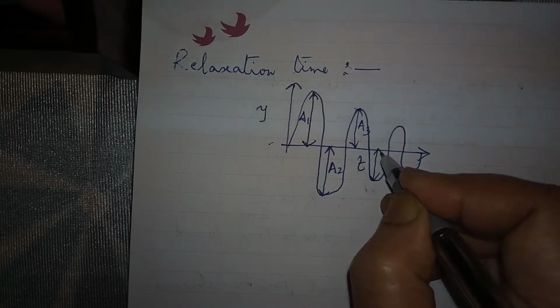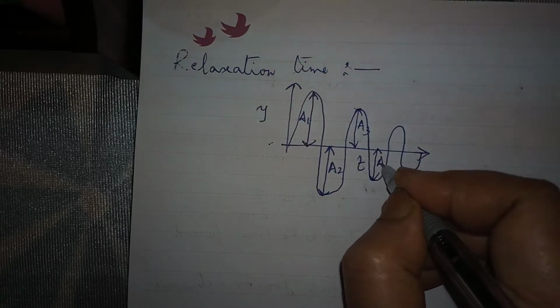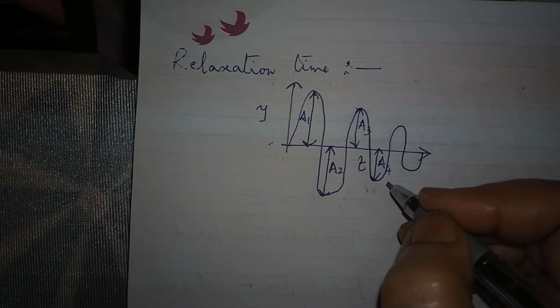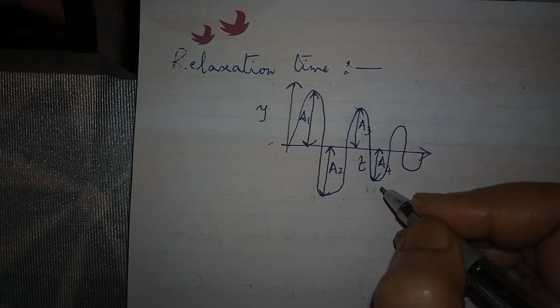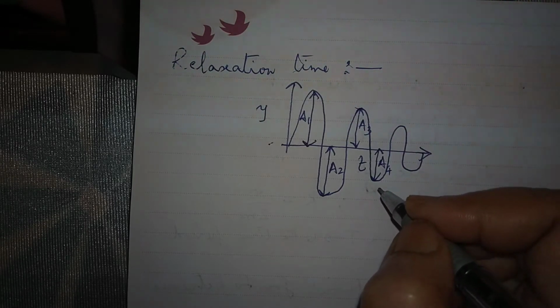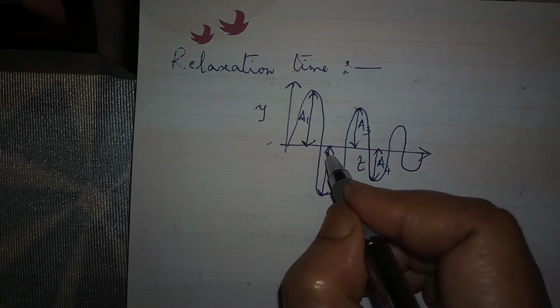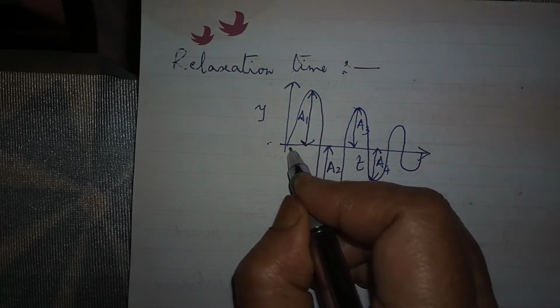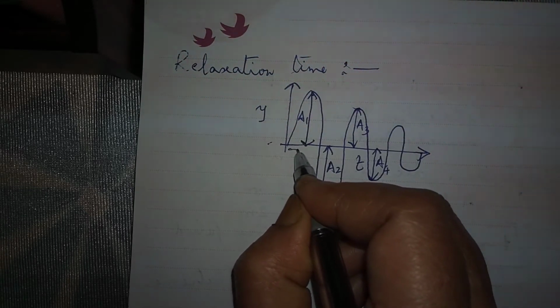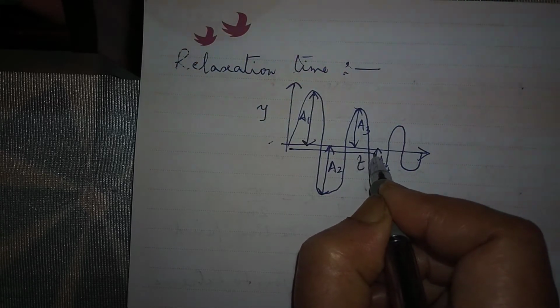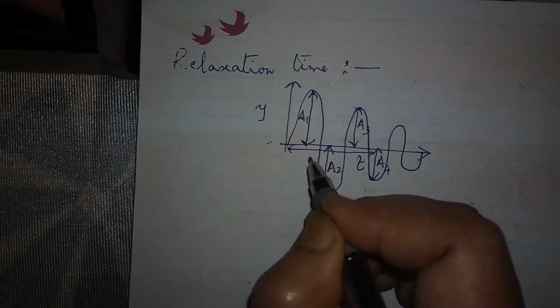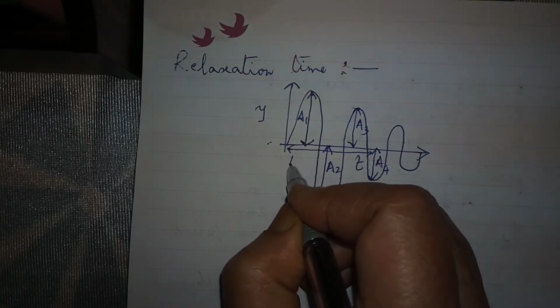Now, when we talk of relaxation time, it tells you the time in which the amplitude of damped oscillation falls to 1 by E of its original value. So starting from here, what is the time within which the amplitude will fall to 1 by E of its original value? Say this is your time, TR.